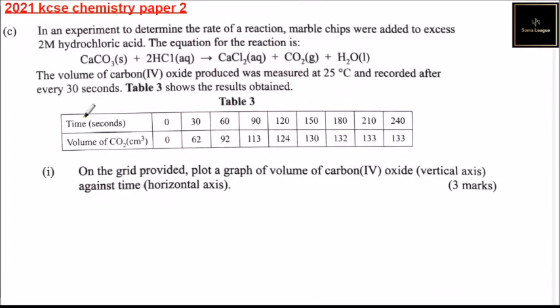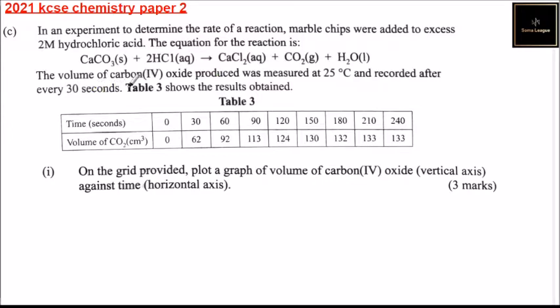Part C, we are told in an experiment to determine the rate of reaction, marble chips were added to excess 2 moles of hydrochloric acid. The equation for the reaction is we have the marble chips, which has calcium carbonate, plus hydrochloric acid, which will form calcium chloride in aqueous form, we have carbon dioxide or carbon 4 oxide, which is a gas, and we have water, which is liquid.